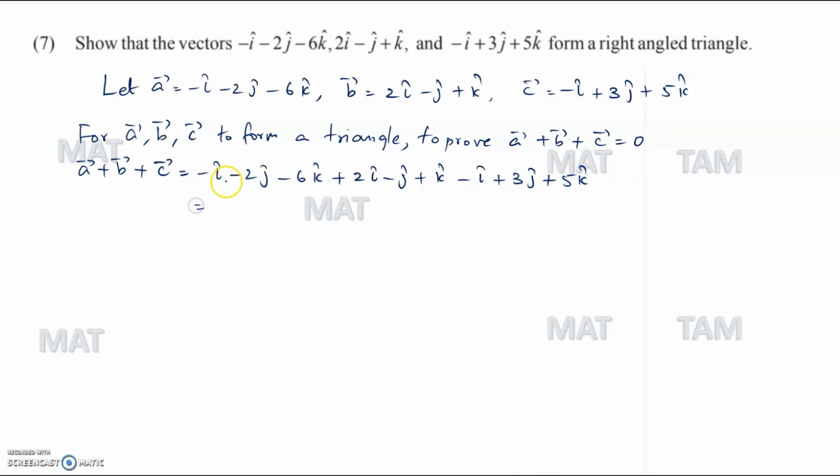If you add them together, minus 1 plus 2 minus 1 will be 0, and you will have minus 2 minus 1, so minus 3 plus 3 will be again 0, and you will also have minus 6 plus 1, which is minus 5, plus 5 will be again 0. So this is equal to 0.